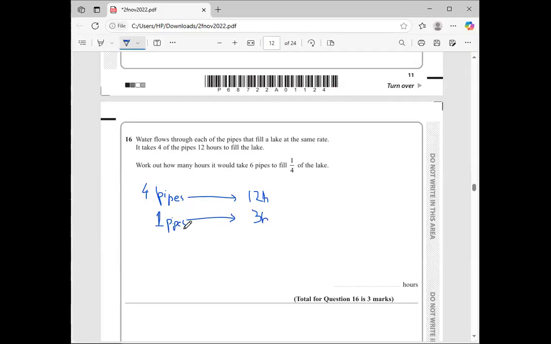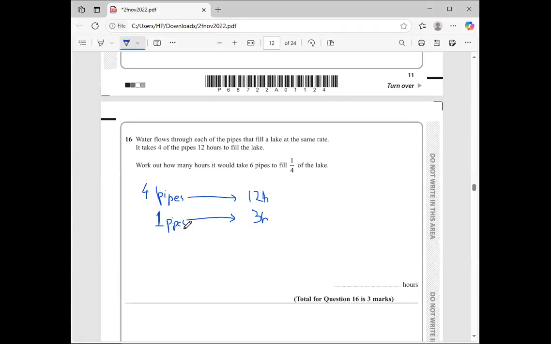Okay, that's fine. So I was just going to write it down. I just found a quarter of everything. That means 1 pipe will fill a quarter. Okay, so are we good?